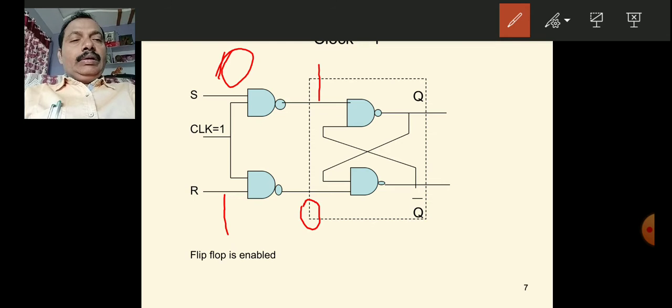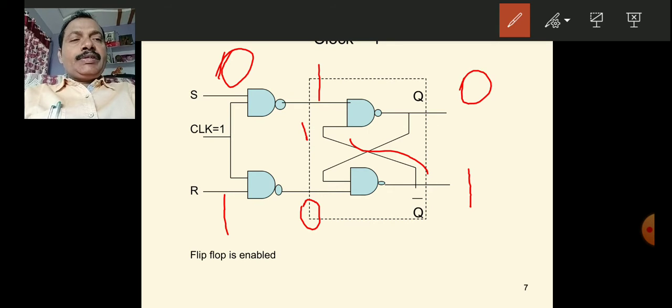Now here the down NAND gate, if you observe, one of the inputs of the NAND gate is 0, so the output is 1. So this 1 is fed back here. So like this it is fed back here. 1 1, output is 0.